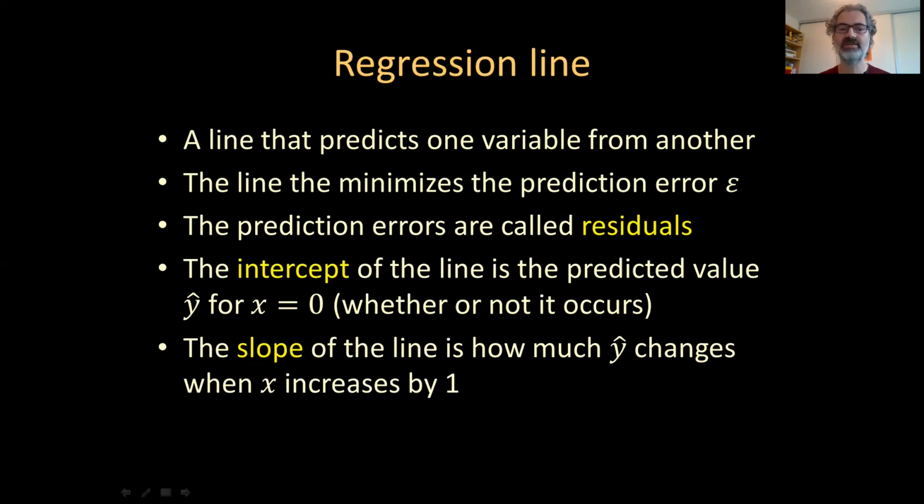How much our estimate of y changes when x increases by 1. These are the definitions of intercept and slope. And always the predicted value for x equal to its mean is the mean of y. So the mean predicts the mean. These are the properties of the regression line.